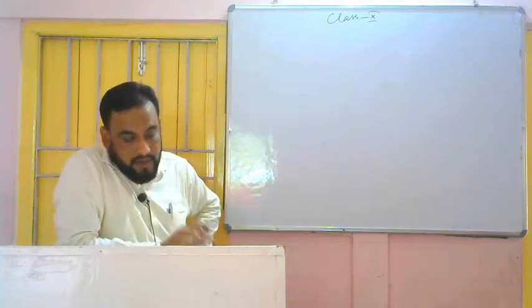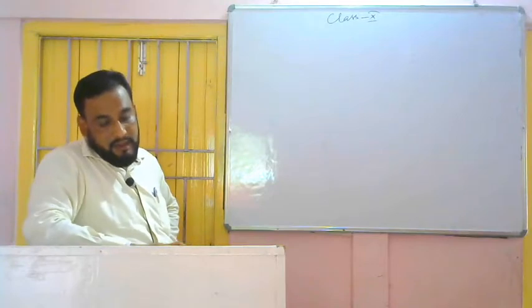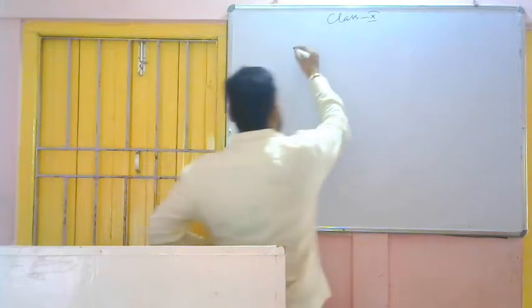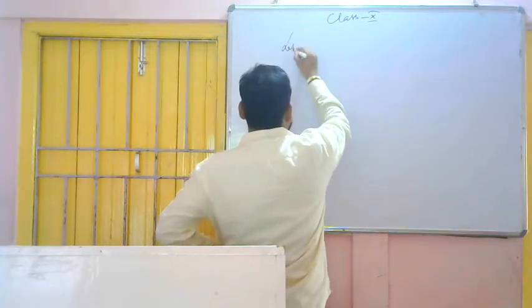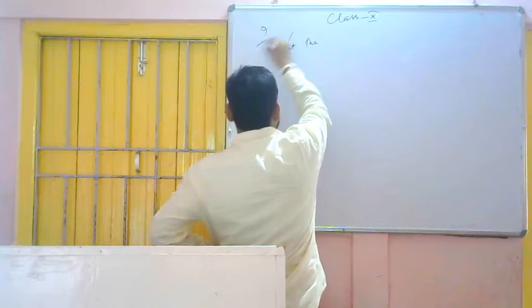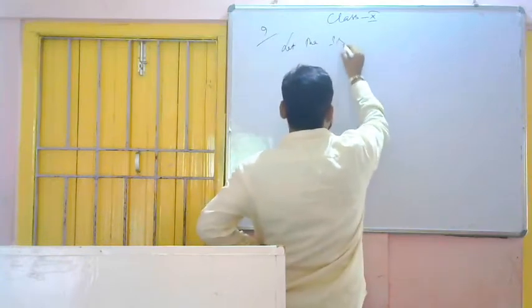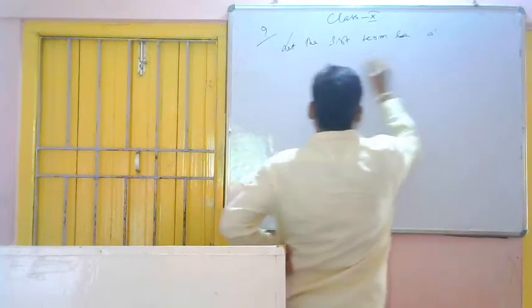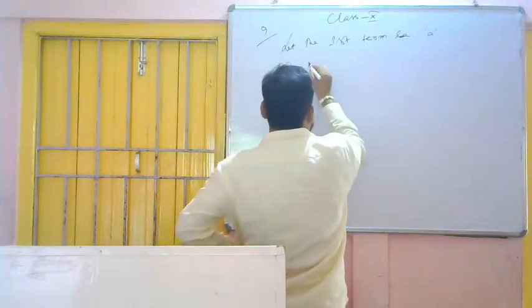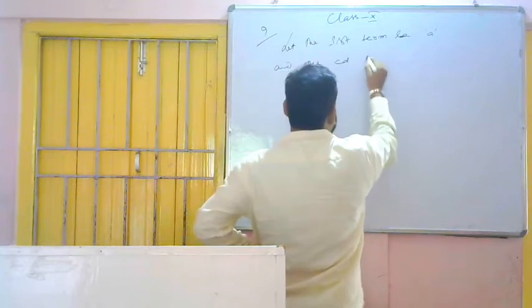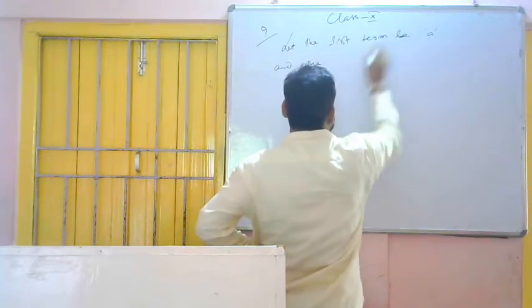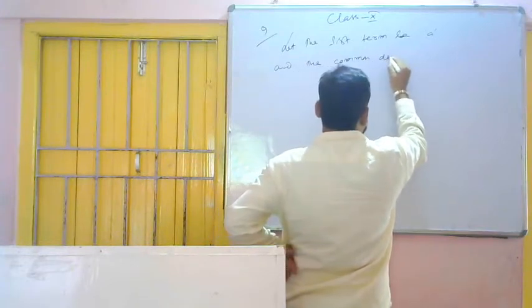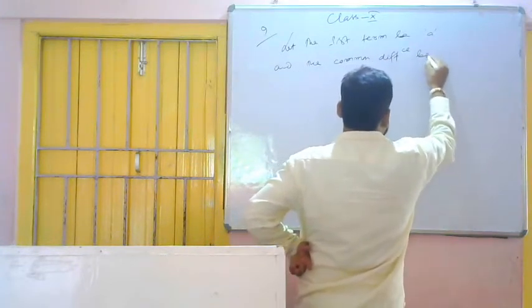So if the third term and ninth term are 4 and minus 8, let the first term, question number 9 I am solving now, let the first term be A and the common difference be D.